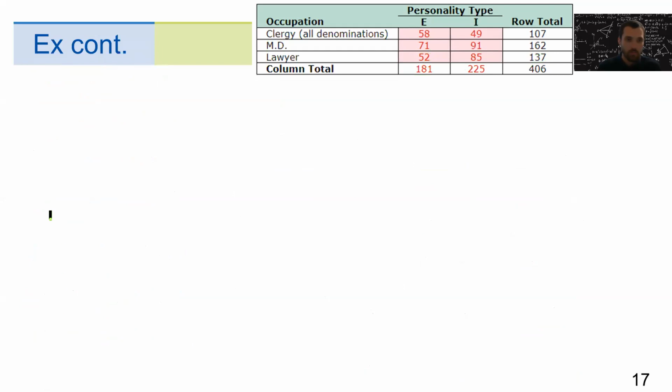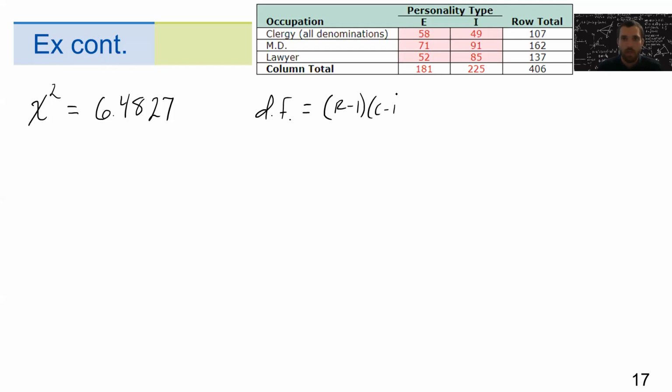So in summary, I'm going to write what our test statistic was. Chi squared is equal to, what did we get? 6.4827. Now I need to determine my degrees of freedom. Degrees of freedom is equal to, remember, row minus 1 times column minus 1.